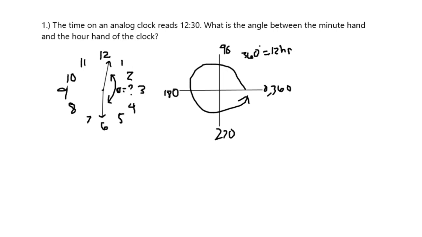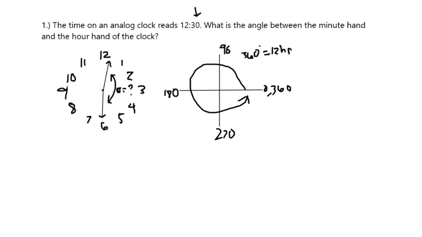Sa 360 also means there's sa isang oras is naka-full rotation na siya ng 12 hours. So, basic lang to. Kung illustrate natin, di ba? Right, guys?